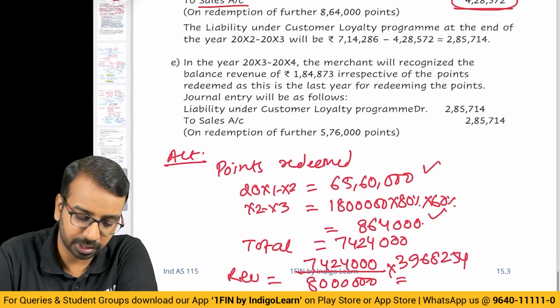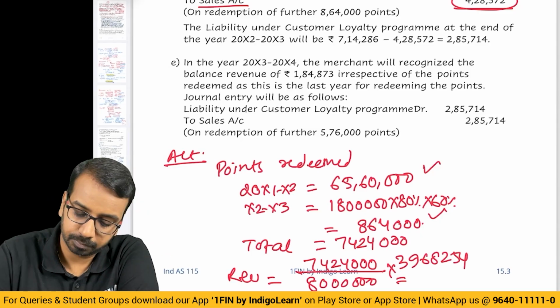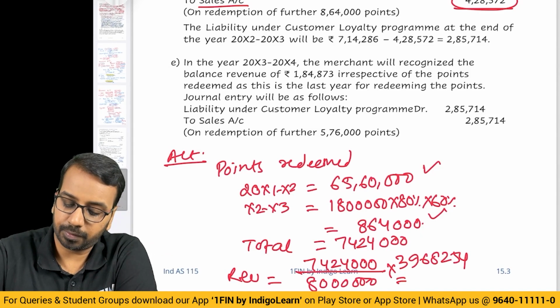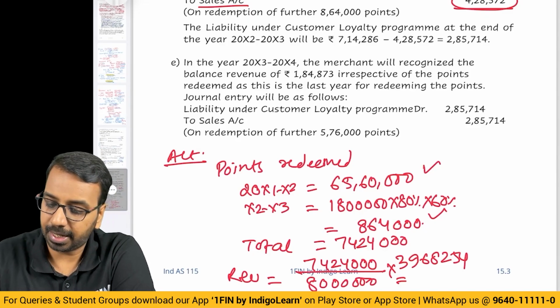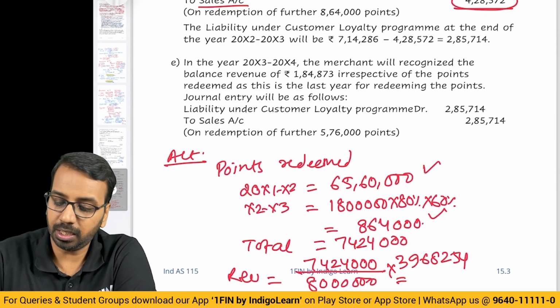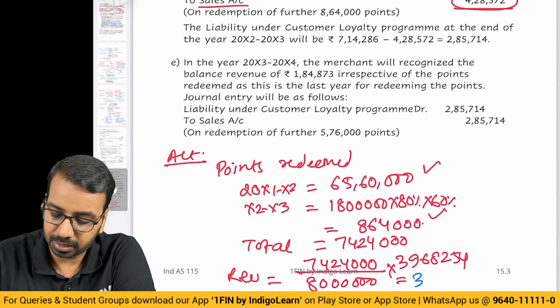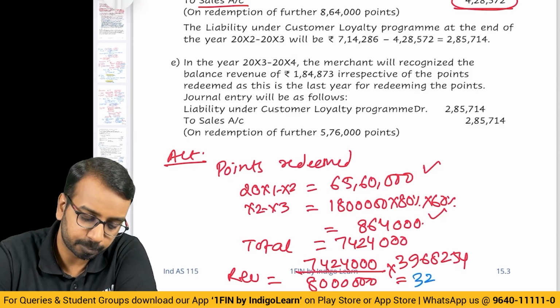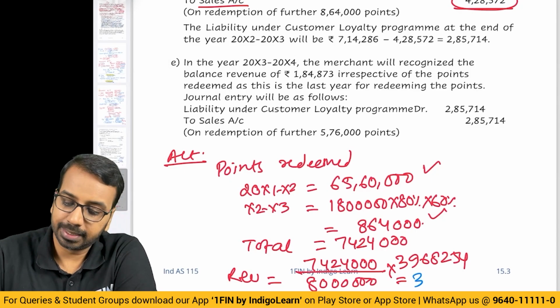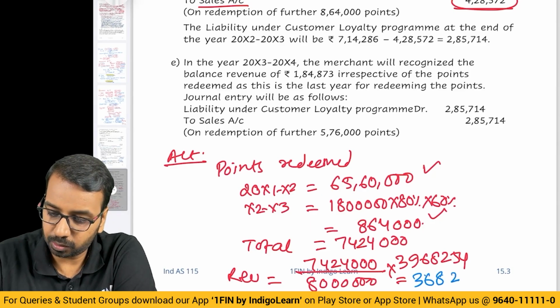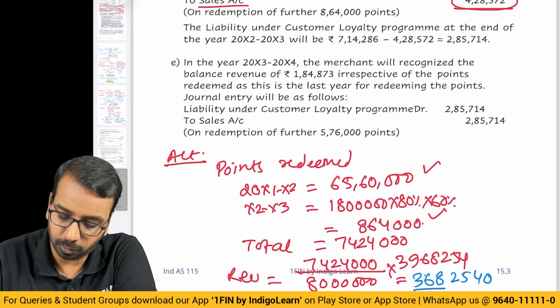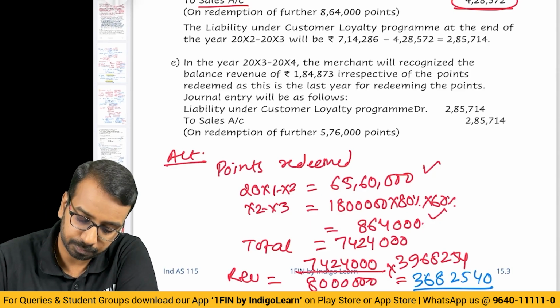So 3968254 into 7424 divided by 8000, I get 3682539.7, that is 3682540.